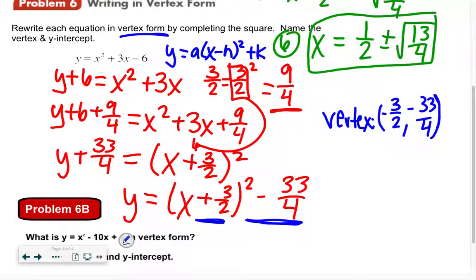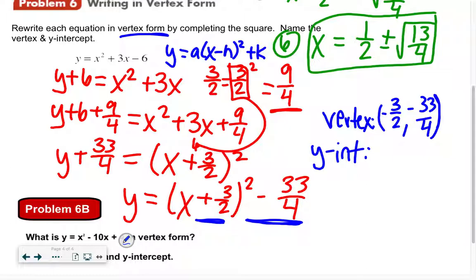Okay. It also wants to know what my y-intercept is. Anybody know a really quick way to find our y-intercept? What should I plug in for x? 0. This is nasty. We don't want to work with that. Let's put it in here.